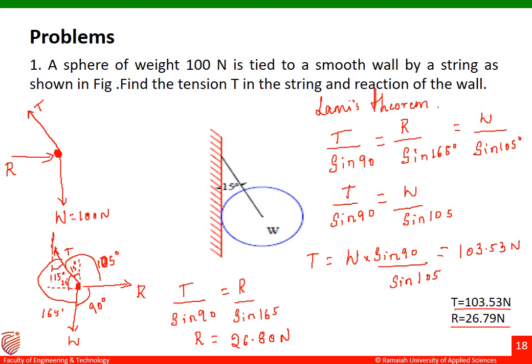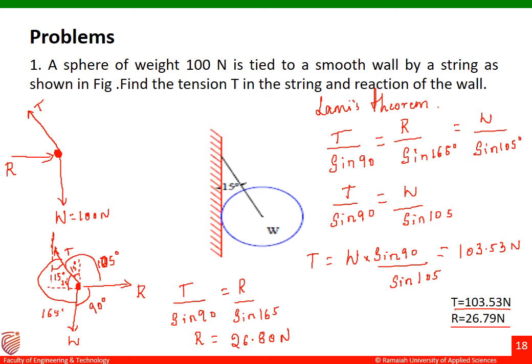You are going to get the answer for R as 26.80 Newton, which is the same as that displayed on the screen. The answers for each problem will be displayed on the bottom right of your screen. This is how Lami's theorem is applied to the given problem, and we found out the tension in the string and the reaction of the wall there.